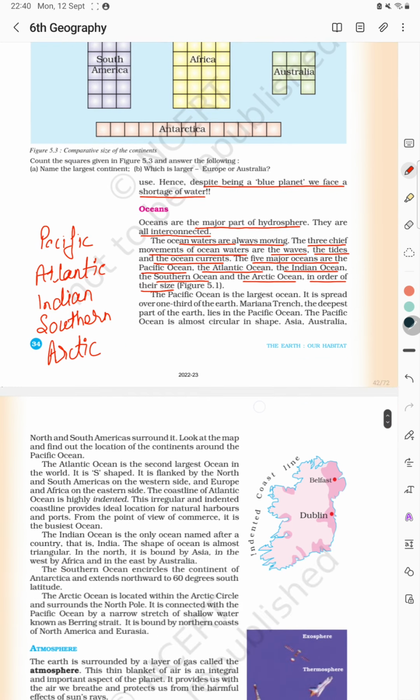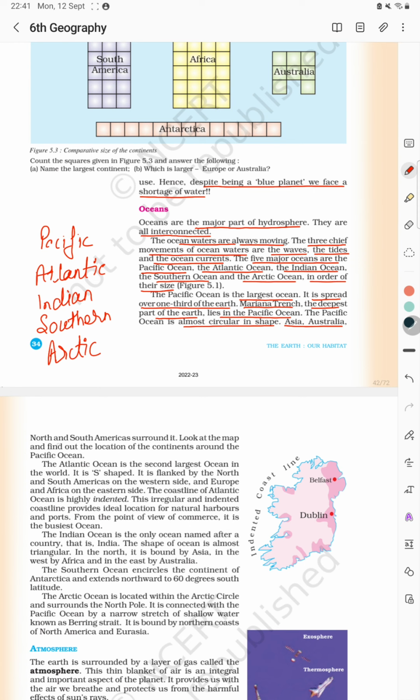The Pacific Ocean is the largest ocean. It is spread over one third of the earth. The Mariana Trench, the deepest part of the earth, lies in the Pacific Ocean. The Pacific Ocean is almost circular in shape.